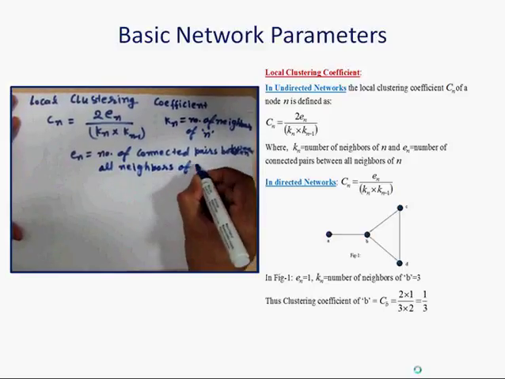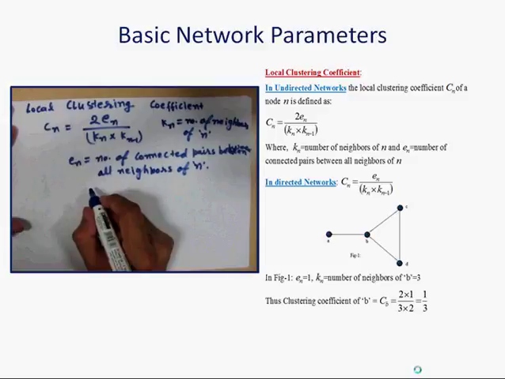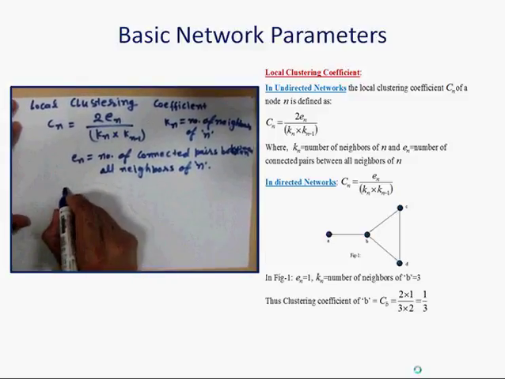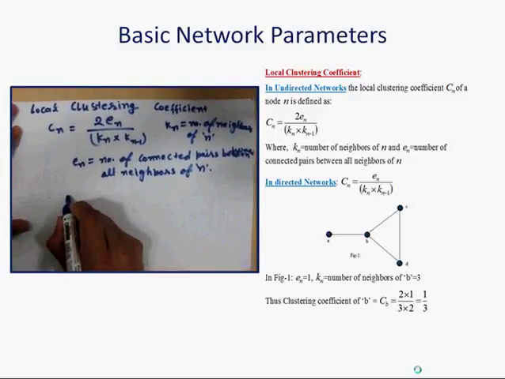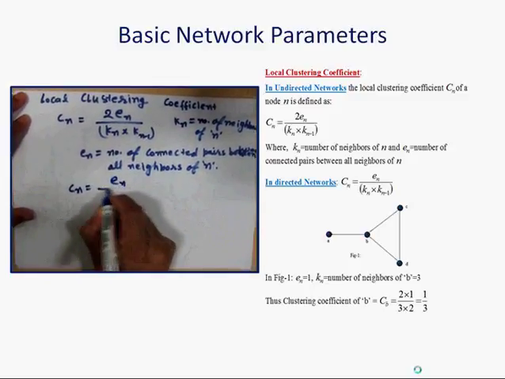Similarly, in directed networks, the local clustering coefficient Cn can be defined as En divided by Kn into Kn minus 1.